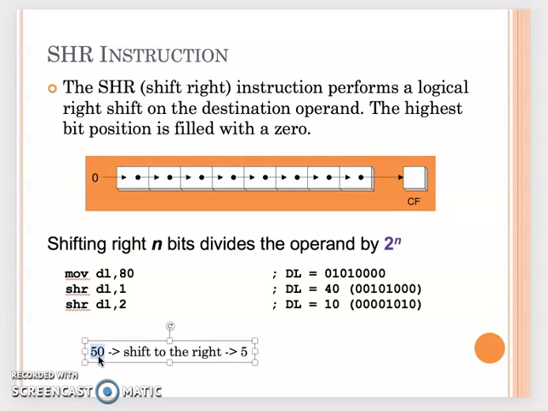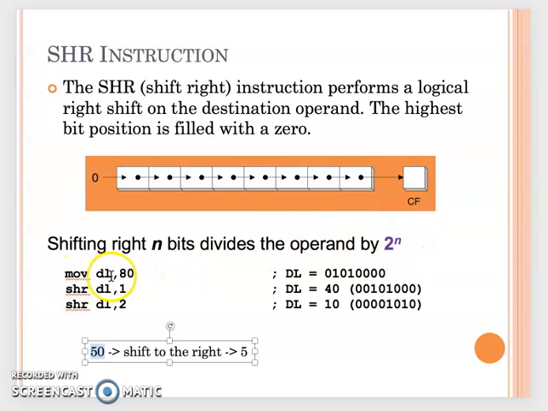So if I say 50 shifts to the right for 1 digit, you see the decimal point is here, 0 after the decimal, so the value becomes 5. So in real life algebra, base 10, you shift to the right for 1 digit and it becomes like dividing by 10. The same thing in the computer world, because our base is 2: you shift to the right n bits, like you divide by 2 to the nth power.